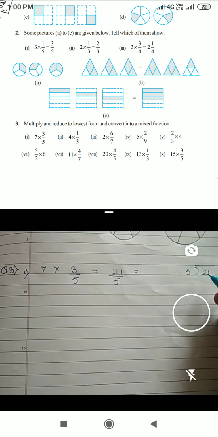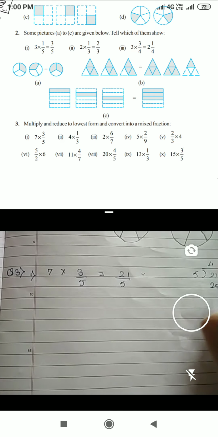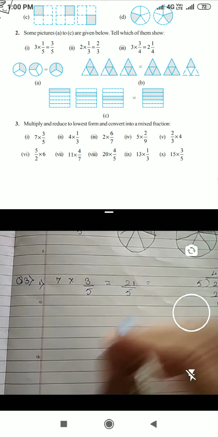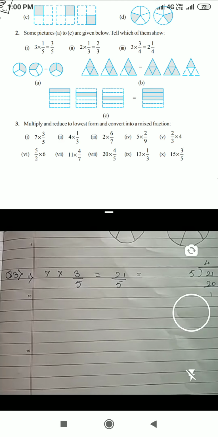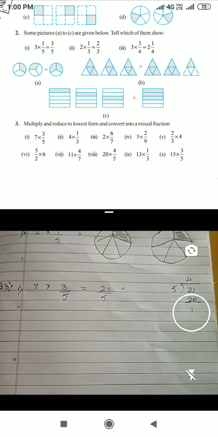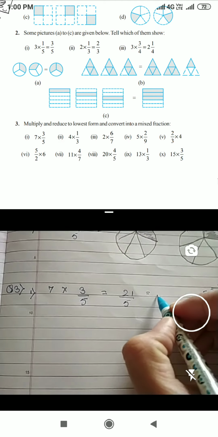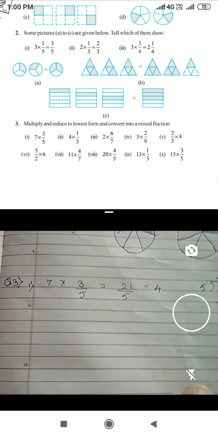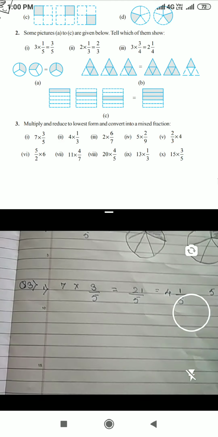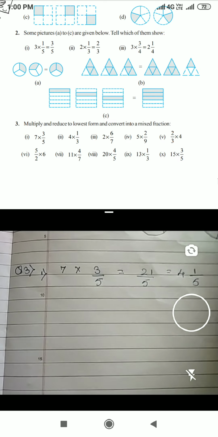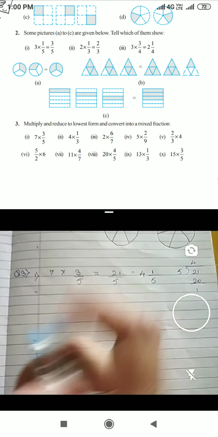So 5, how much are 21 or less than 21? 5 4s are 20. 1 is our remainder. So we got the answer here. Now how to write it into the mixed fraction? Already in our previous video I have told you, this 4 should be written in the middle as the whole, this remainder should be written up, and the denominator should be written down. 4 whole 1 upon 5. Okay. See.